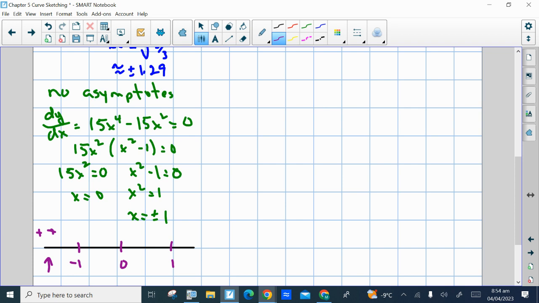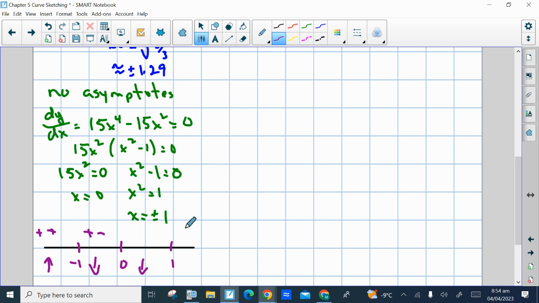Sure. -1/2. Now the first factor is always positive, but the second factor will be negative, because when you square -1/2, you'll get 1/4. Take away 1 is negative, so the function is decreasing there. And the same thing will happen in the next interval. If we use +1/2, we're still going to get a negative value for the second factor.